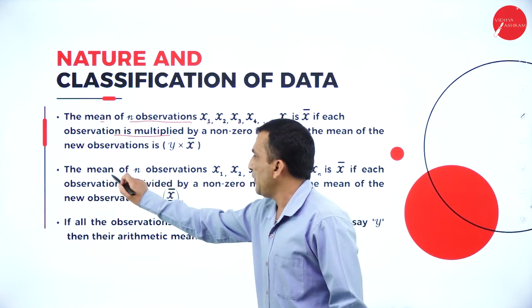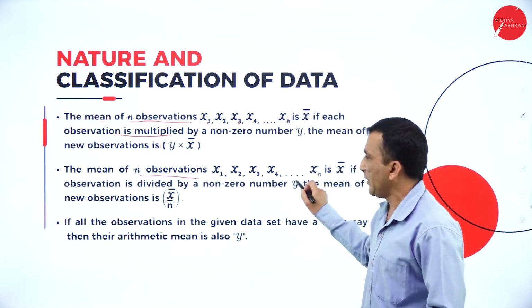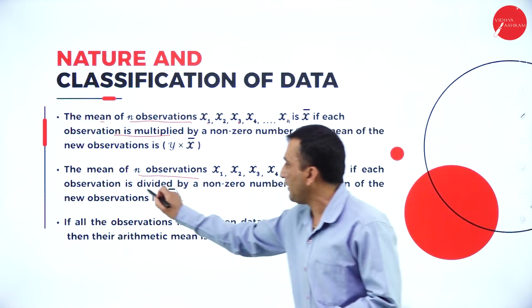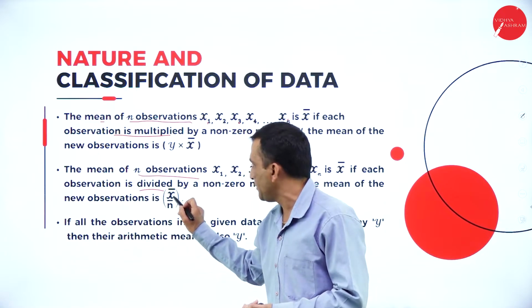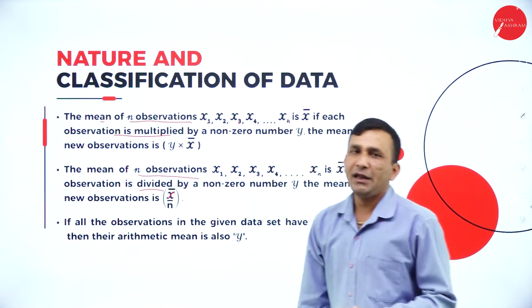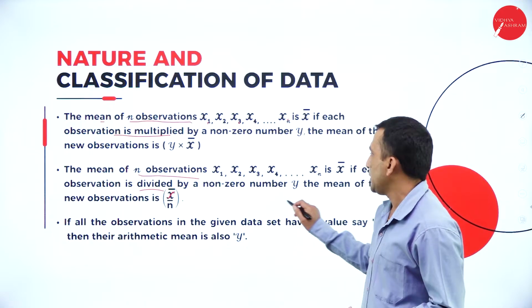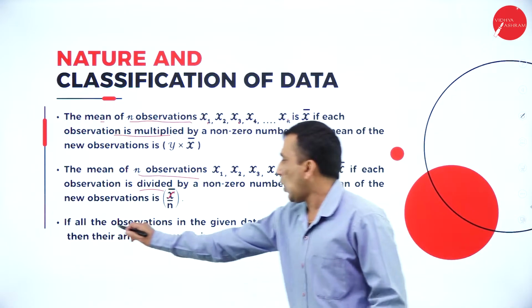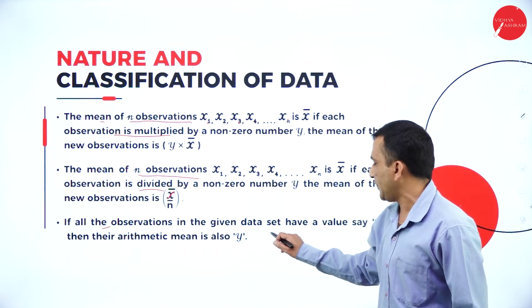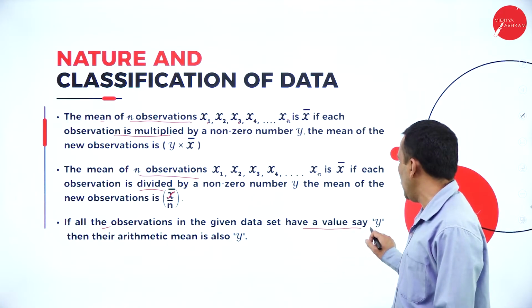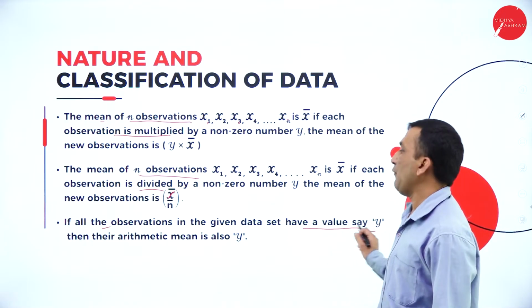For division, the property is also very simple: x bar divided by a non-zero value. And if all the observations in the given set of data have the same value y, the arithmetic mean is also y.